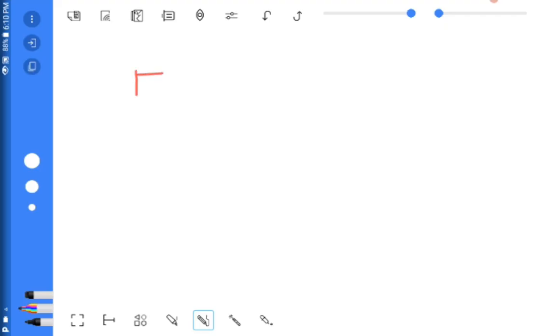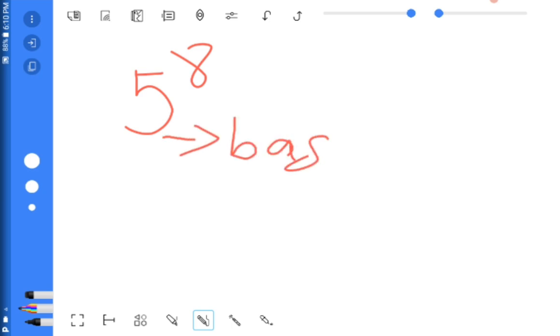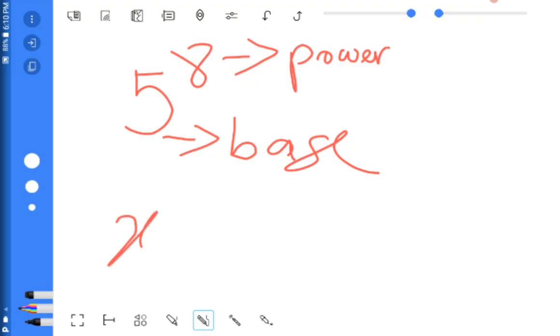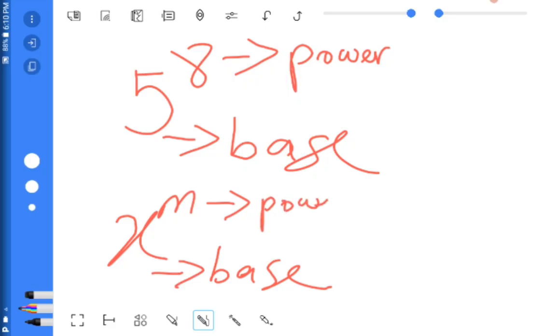For instance, if you have a number like 5 to the power 8, 5 is what? 5 is the base. 8 is what? The power. Other people will call it the exponent. If you have a number like x raised to the power of m, x is the base, m is the power, or the exponent.